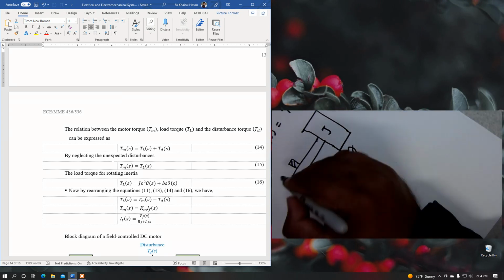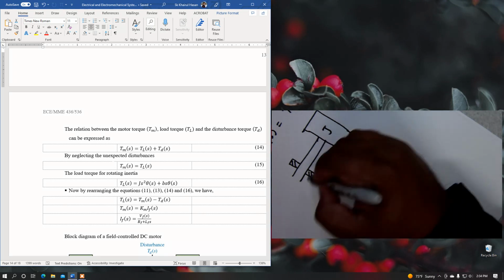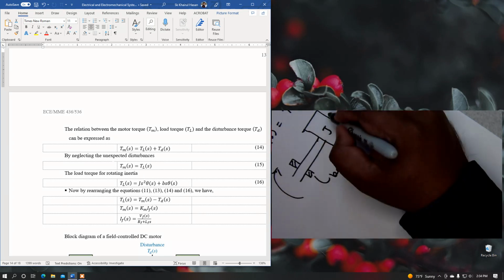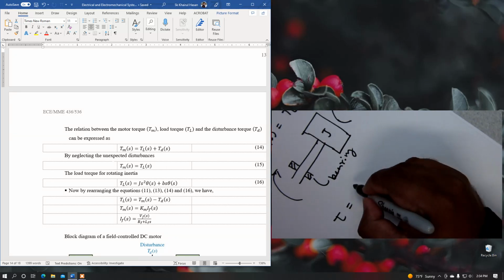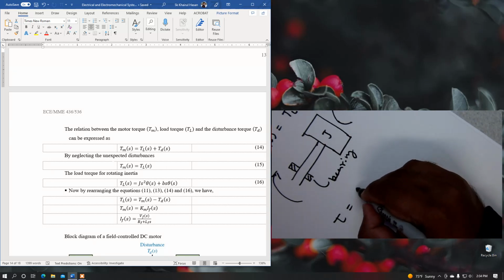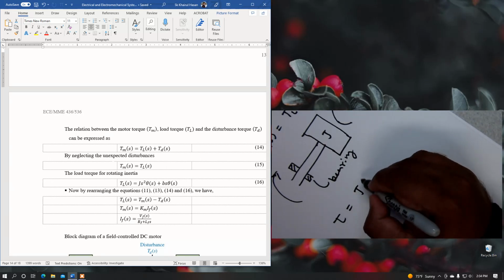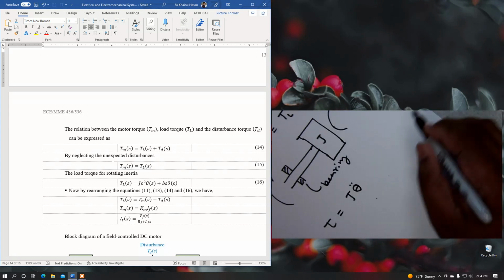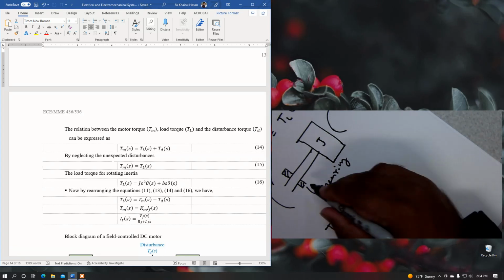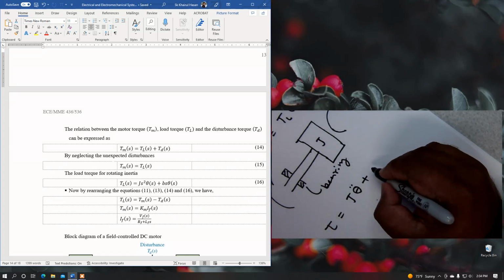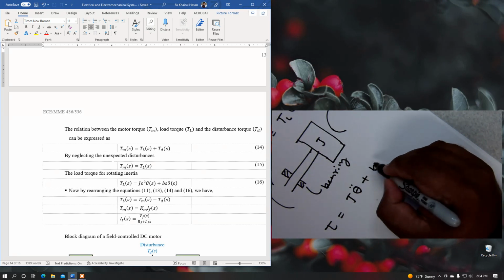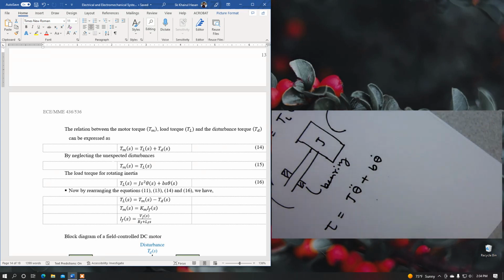If the motor torque is tau, then tau equals J theta double dot plus the torque required to overcome the friction, basically b theta dot.